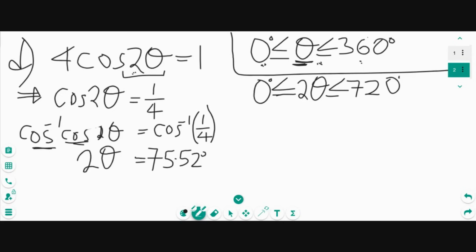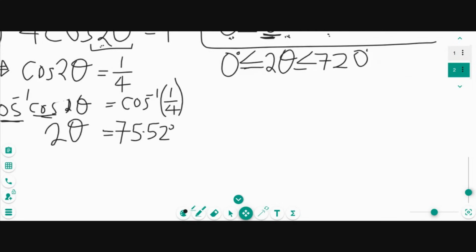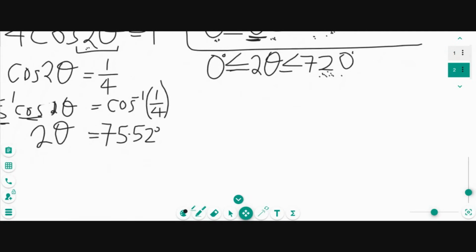I have to represent that in the quadrants. Now remember, 1 quadrant is up to 360, but 2 quadrants, I mean our new range, is 720. 720 will mean we are going to make a full rotation and we restart the rotation, as you're going to see.